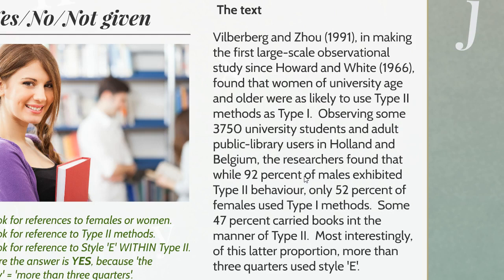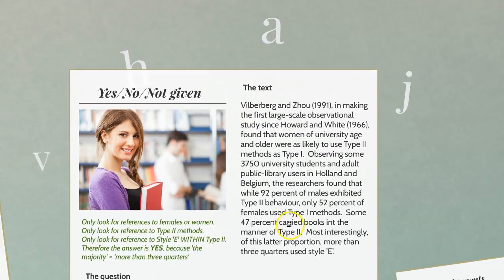Observing some 3,750 university students and adult public library users in Holland and Belgium, the researchers found that while 92% of males exhibited type 2 behaviour, only 52% of females used type 1 methods. Some 47% carried books in the manner of type 2. Most interestingly, of this latter proportion, more than 3/4 used style E.